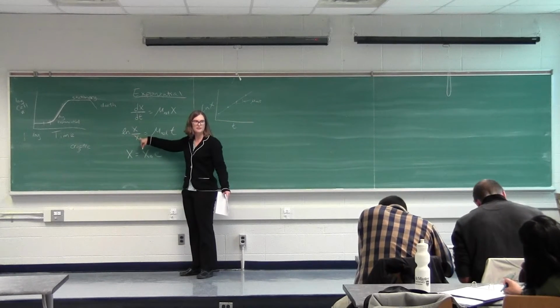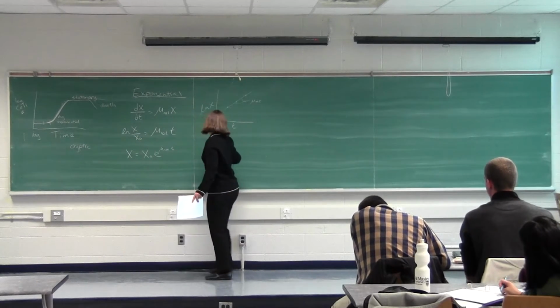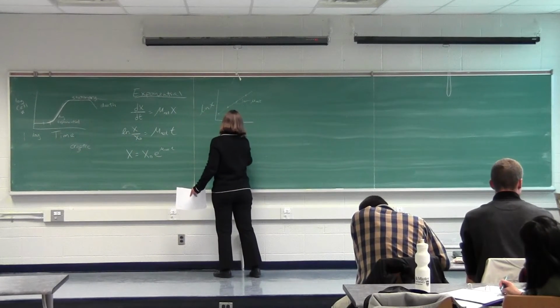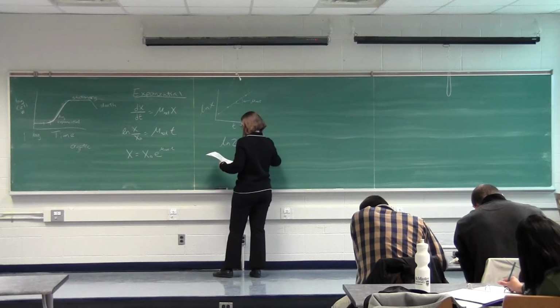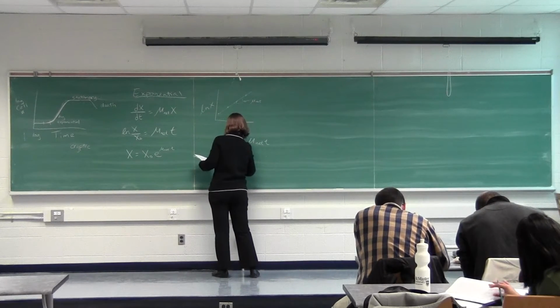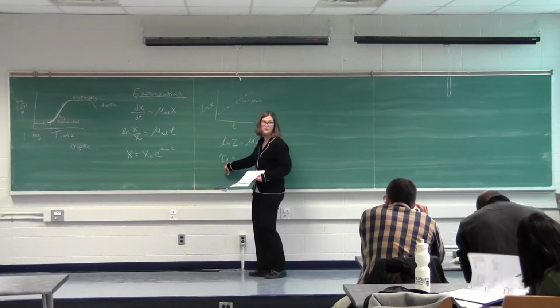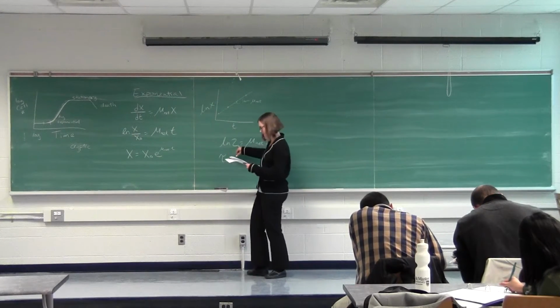So you could say ln 2 equals mu net t, or we can call it t doubling time. Tau d is the doubling time, which is just the t that you get when you put that 2 in there.